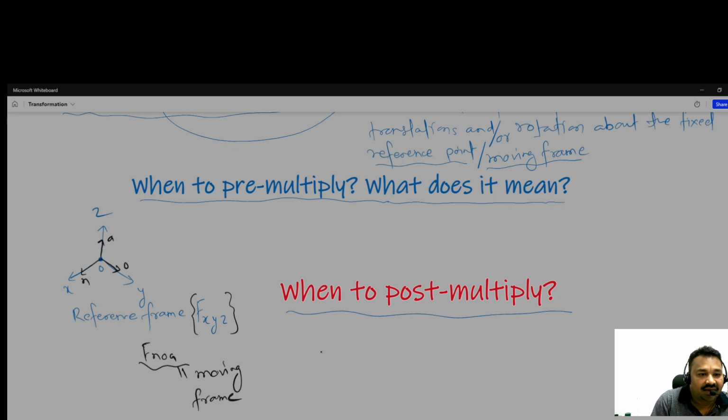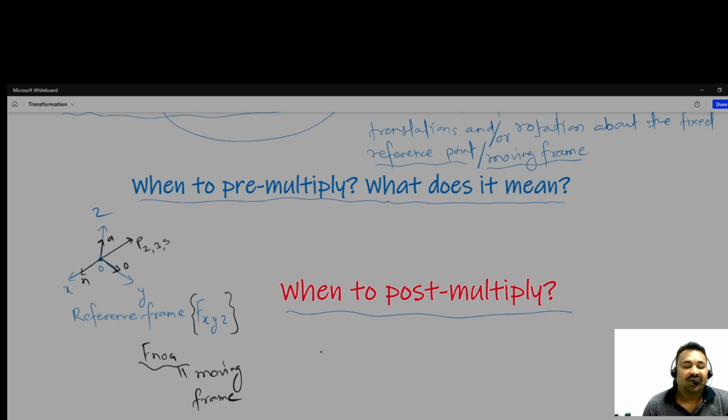And there is some point P, and it has some coordinates like 2, 3, 5 kind of things.